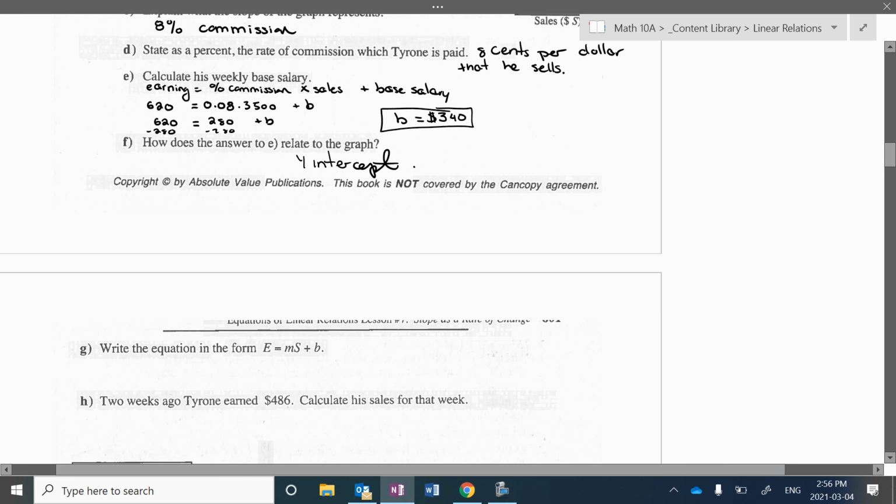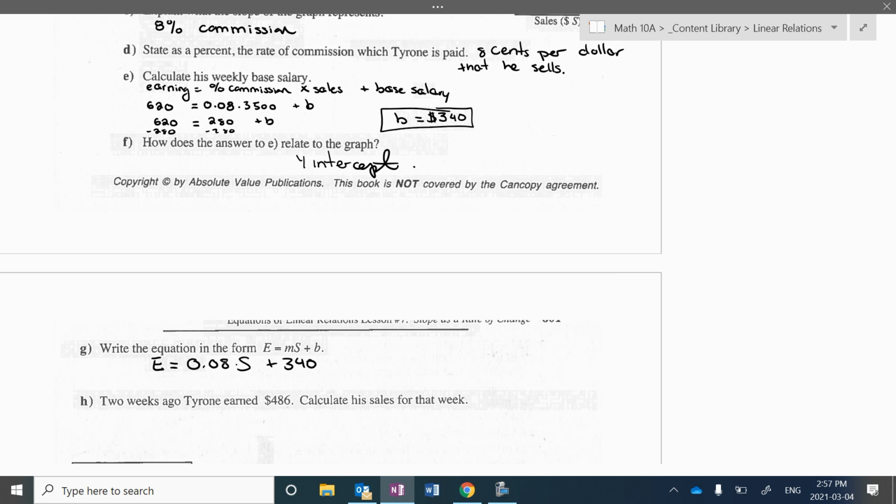In general terms, if I take away the point, his earnings equal 0.08 times his sales plus $340 a week. So if he knows that he needs to earn $1,000 a week to pay his expenses, he could figure out how much he has to sell each week in order to budget correctly. 2 weeks ago, Tyrone earned $486.